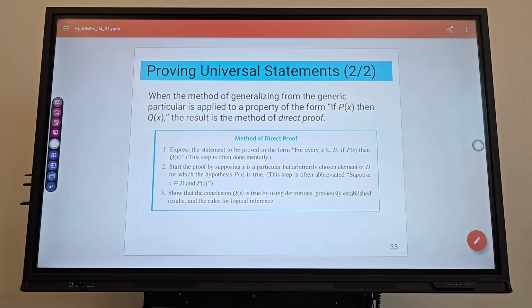Start the proof by supposing x is a particular but arbitrarily chosen element of D, for which the hypothesis P of x is true. Show that the conclusion is true by using definitions, previously established results, and the rules for logical inference.